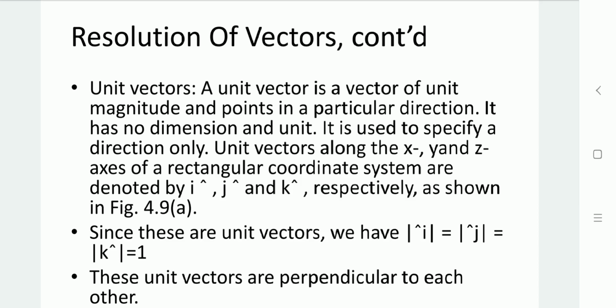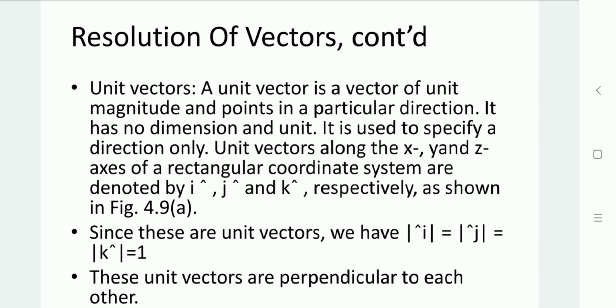A unit vector specifies only direction, having a unit magnitude. Unit means one. So a unit vector is a vector of unit magnitude that points in a particular direction. It has no dimension and no unit. It is used to specify a direction only.